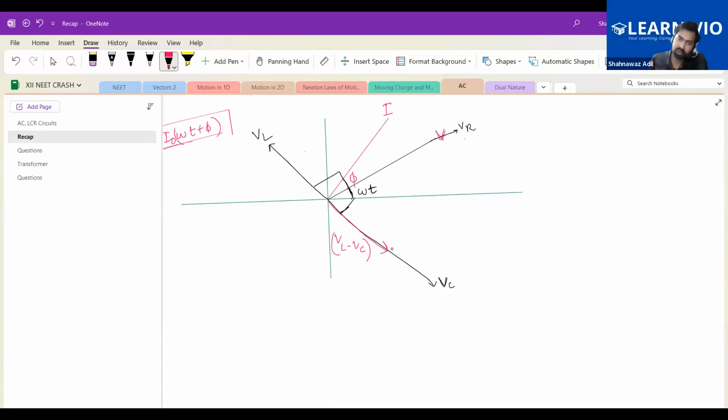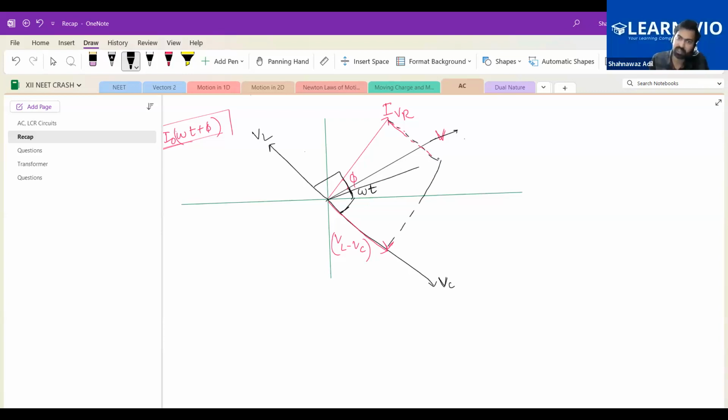So the overall thing would be the resultant of these.